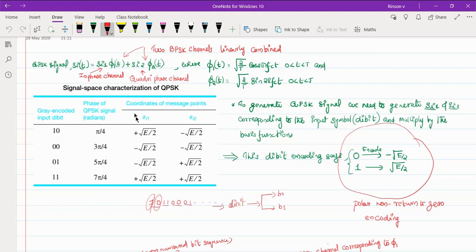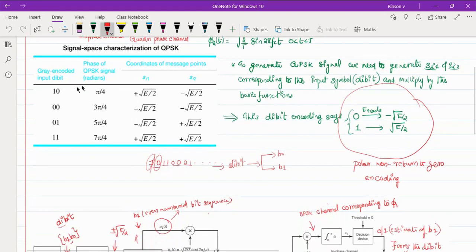Okay. So for that, we have seen that there is a one-to-one correspondence between this bit position and this signal vector element, and this bit position and this signal vector element.